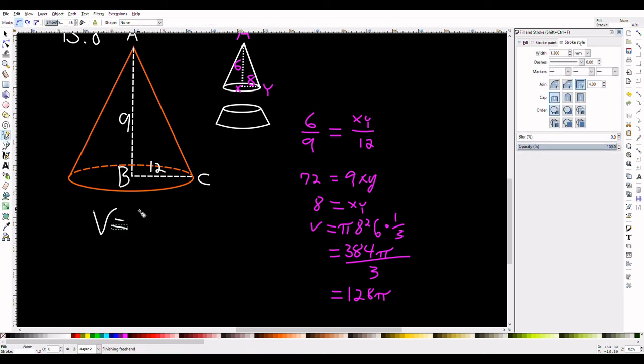The volume of this cone is pi 12 squared times 9, divided by 3. Never forget to divide by 3. Make sure you do the exponents first, otherwise you're going to get yourself very messed up.